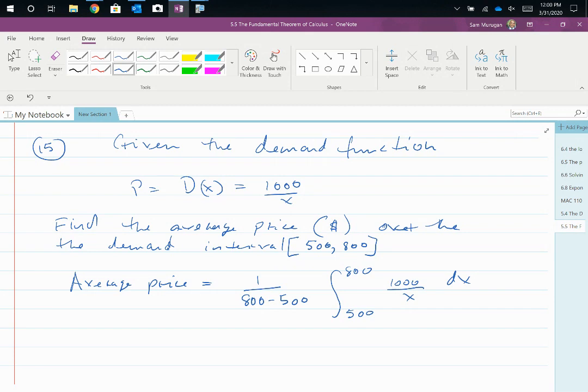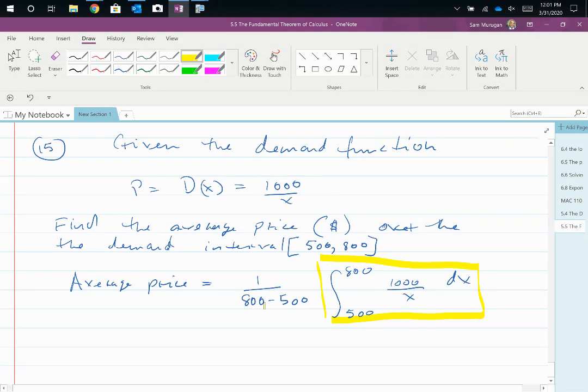Since we're taking the average price, we're dividing by 800 minus 500, or 300.